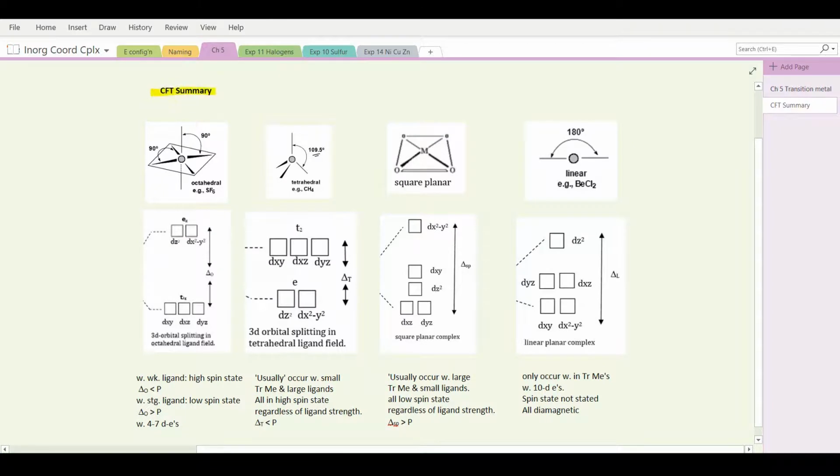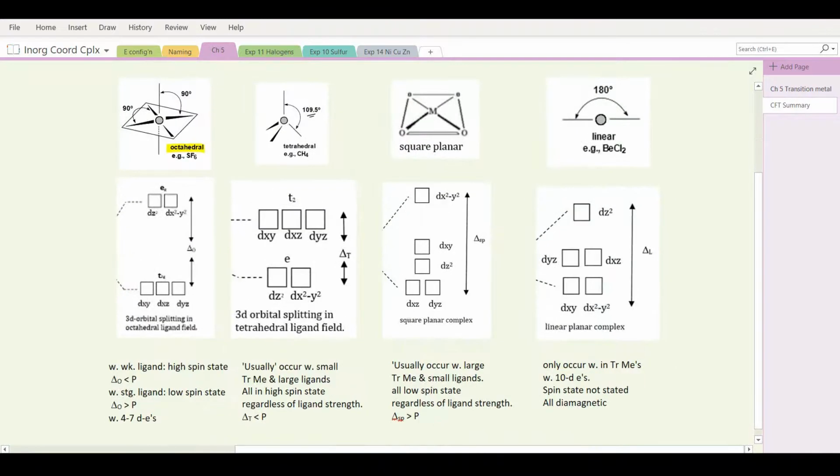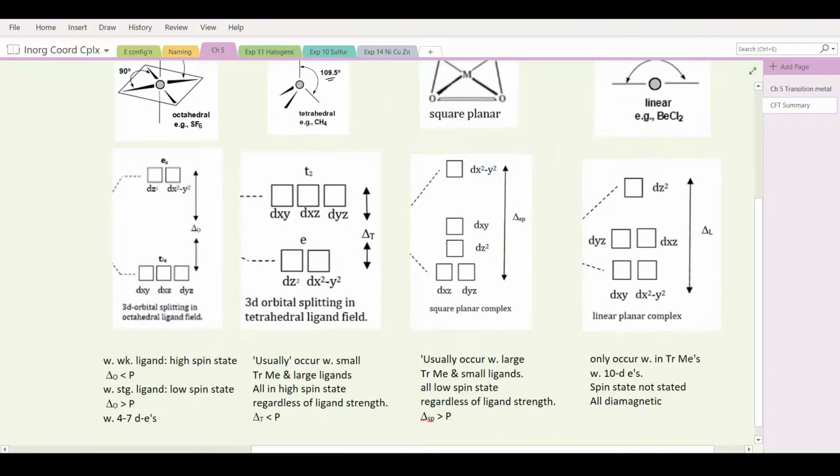By way of a summary for crystal field theory, we saw that 4 different geometries can result. In the case of 6 ligands, the geometry is octahedral. Degenerate d orbitals are split as shown. With weak ligands, a high spin state results, because the octahedral field splitting energy is less than the pairing energy.